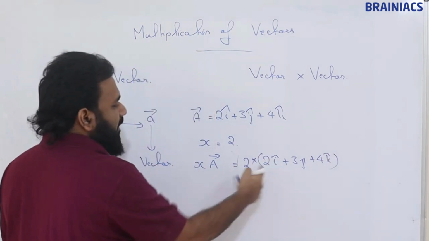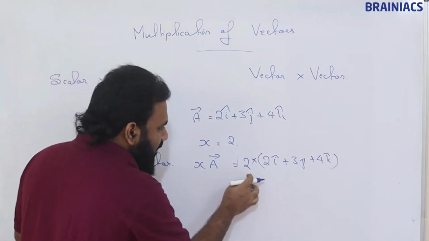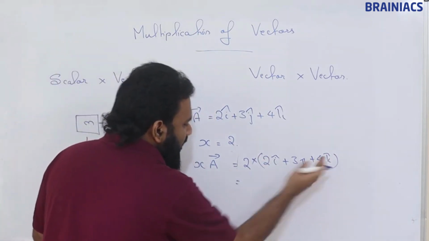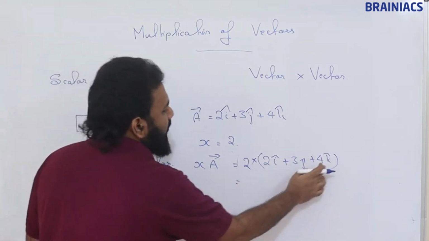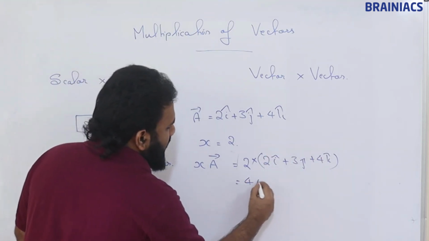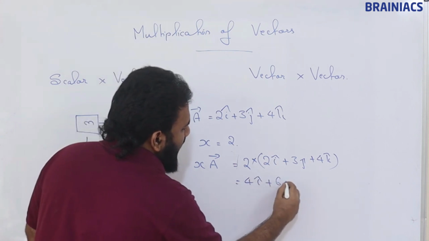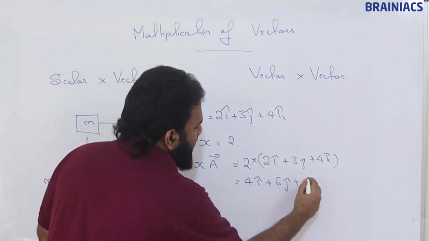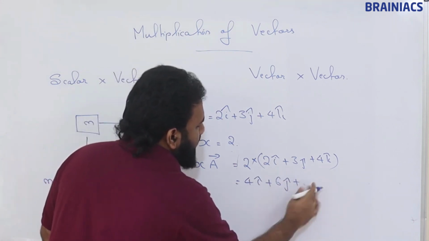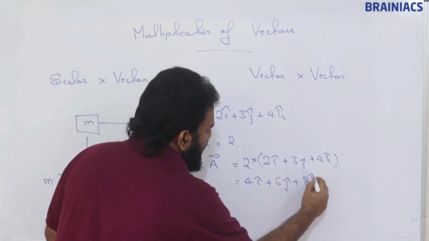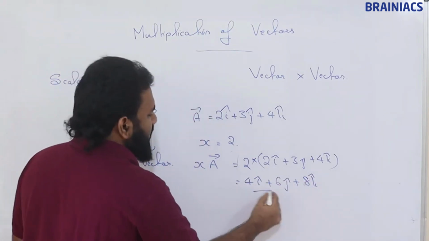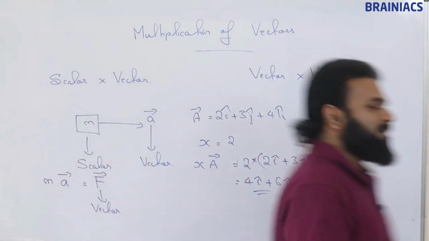Multiplying the scalar with this vector, just multiply this scalar with each term of the unit vectors. So this is going to be 4i plus 6j plus 8k. So this is what xA is.